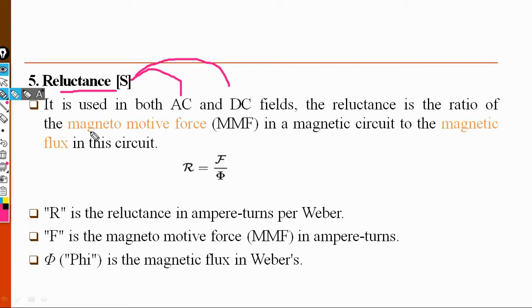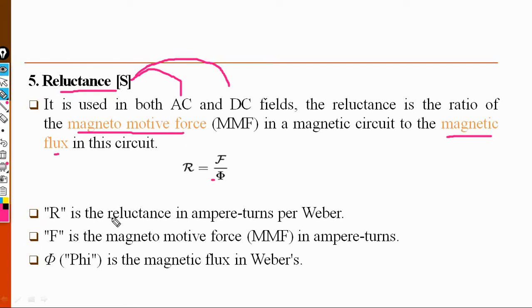F means magnetomotive force and phi means magnetic flux. That means reluctance is the ratio of the magnetomotive force present in a magnetic circuit to the magnetic flux present in the magnetic circuit. The symbol is S, also R. This is the definition of reluctance.